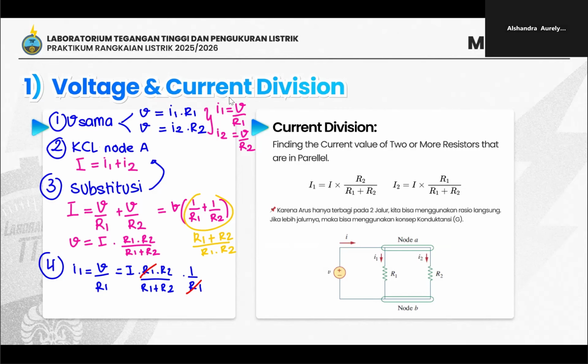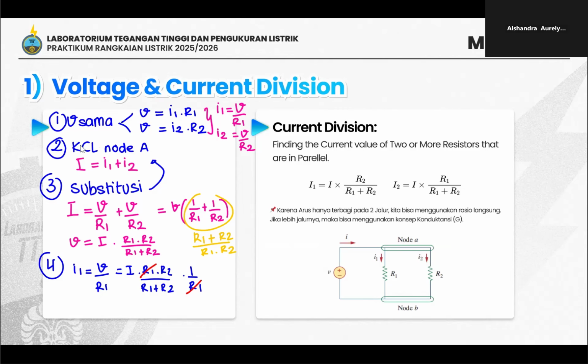Then we can just rearrange to I1 equals, not V equals. And then we have Kirchhoff's current law at node A, because the current is going to be divided into two segments, this segment here that has R1 and this segment here with R2. There's no way the current is going to be the same value, maybe if we have the same value of resistors, but with different values in R1 and R2, let's assume 5 ohms and 10 ohms, there's going to be a variation in the value of current.